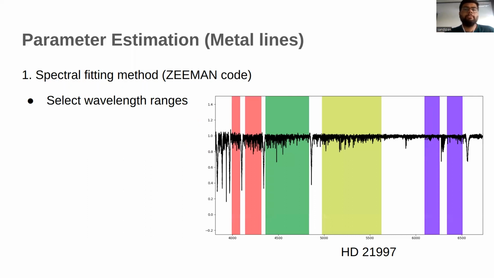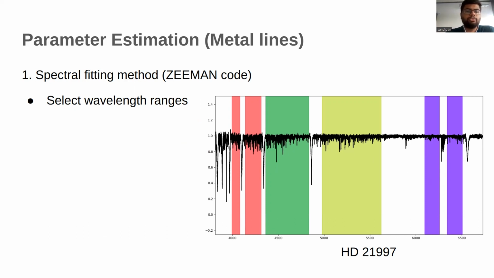For the spectral fitting method, which I currently work on, you have to choose small wavelength regions in your spectrum. Here I have chosen, let's say, 4 regions where you think that there are metal lines which are above the noise level and which cover a wide range of ionization and excitation levels.